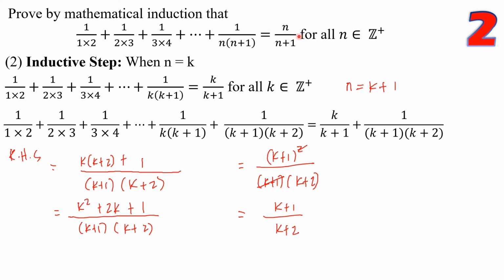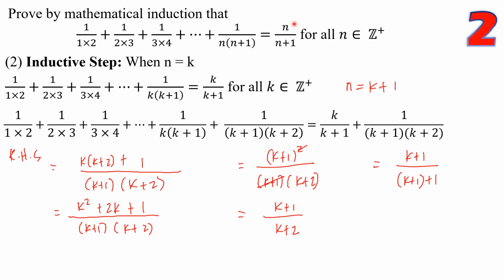Notice the right-hand side of the original statement or equation, that is n over n plus 1. And we have the same right-hand side in the inductive step, that is n is equal to k plus 1. We can rewrite k plus 1 over k plus 2 with k plus 2 written as k plus 1 plus 1.